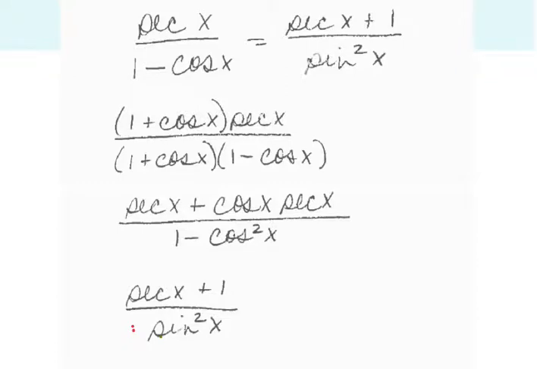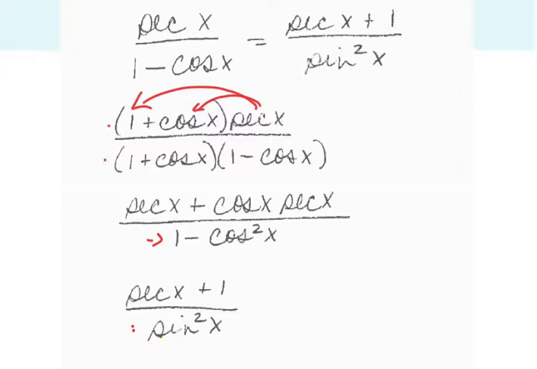Again, we're going to use that technique of multiplying by the conjugate. You notice on the left-hand side, I multiplied by 1 plus cosine of x over 1 plus cosine of x. That allowed me to get to a point where I had 1 minus cosine squared x in my denominator. I distributed secant. So I had secant of x plus cosine of x times secant of x in my numerator.